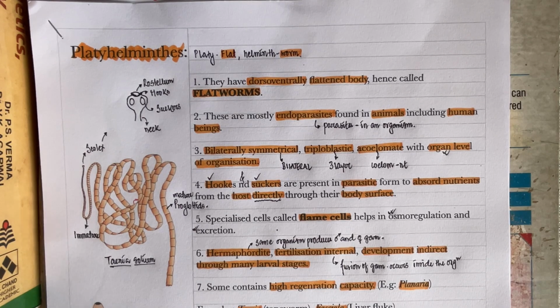That means the same organism contains male and female structures. They have internal fertilization. Their development is indirect through many larval stages, and some of these platyhelminths have a high capacity of regeneration. Examples are Planaria, Taenia solium, and Fasciola hepatica. I hope that makes the thing clear to you.